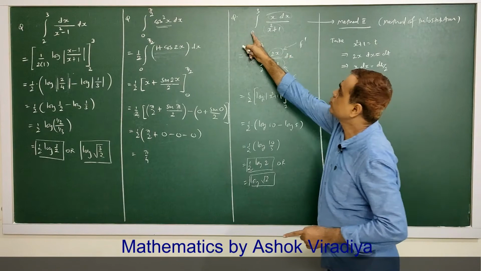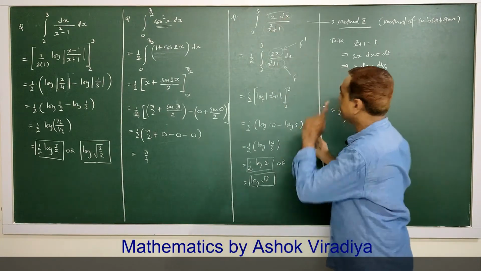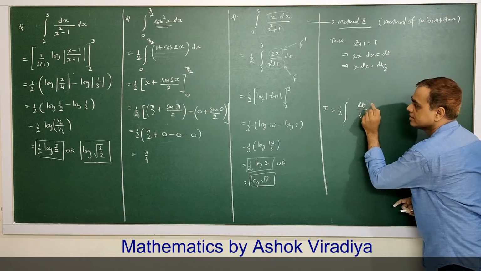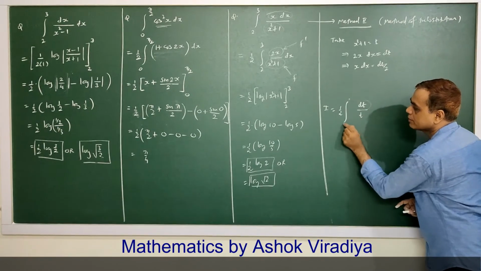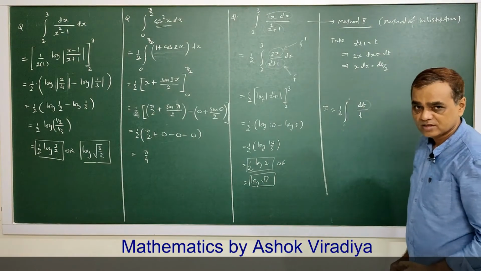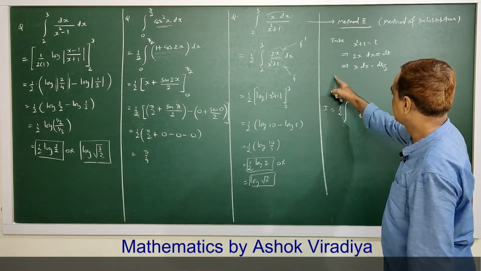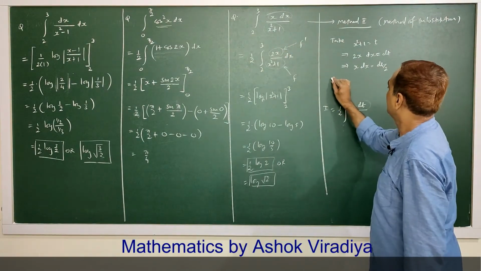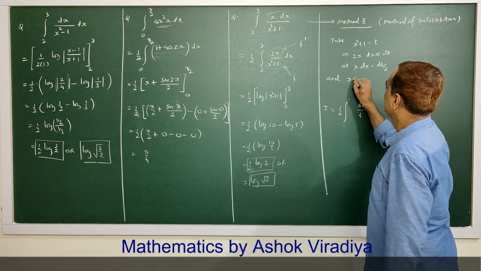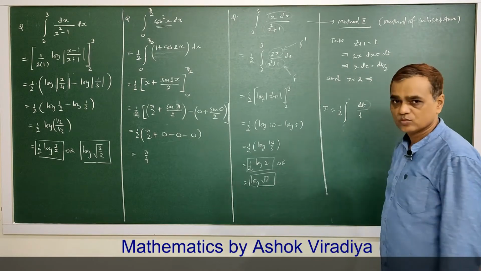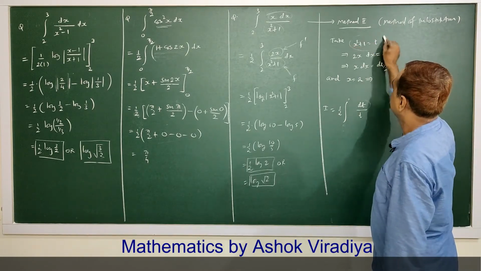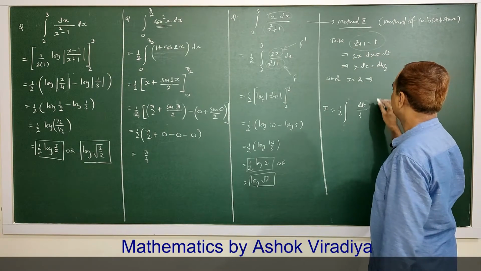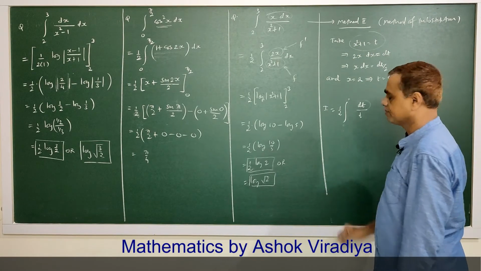These are values of x. We have to put here values of this new variable t. So to change the limits, when x is 2, putting here 2 square is 4 plus 1, 5, t is 5.